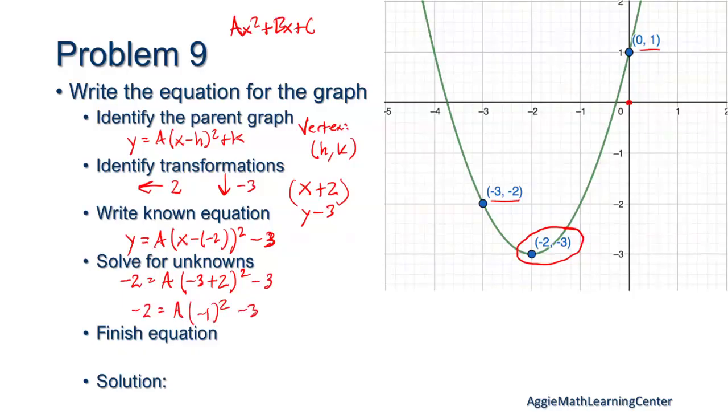If we add 3 on both sides, we get that our 1 is equal to a times 1. So a is equal to 1. So our final solution is that y is equal to (x plus 2) squared minus 3.